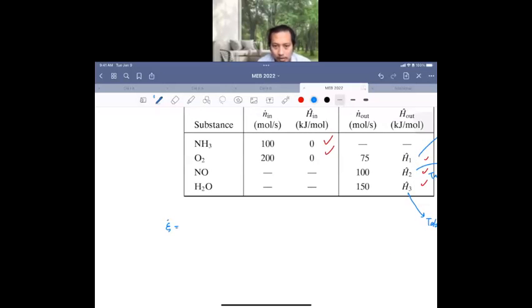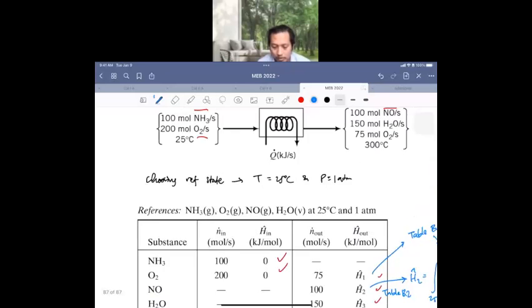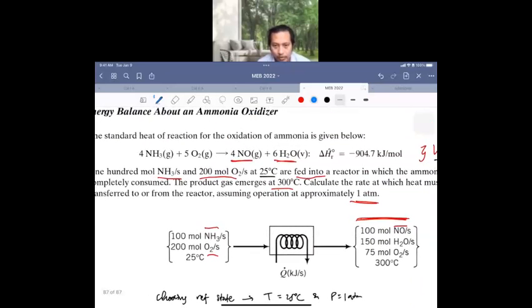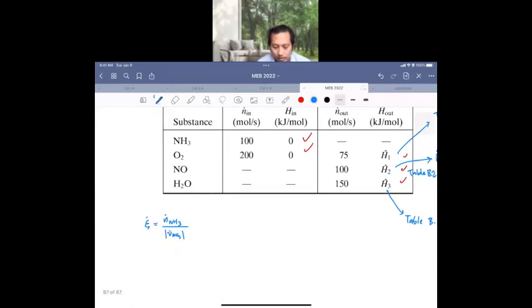Let's say this is for the ammonia. The stoichiometric coefficient of ammonia is 4. The molar flow is 100 mole per second, and the stoichiometric coefficient is 4.